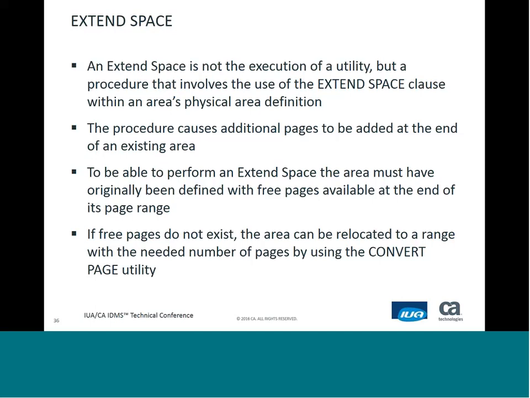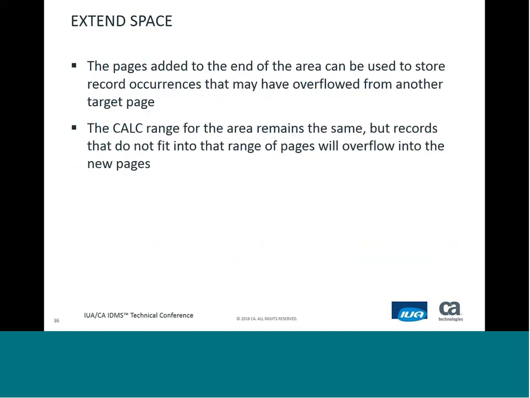So I could conceivably run convert page to take my target area and put it in another page range where I am going to have an additional 500 pages past the original allocation. Or I could take that other area that was blocking my extend space, do the convert page on that area and move it to a different page range, and then I can use the extra 500 pages that the other area had been using. So again, we'll talk about convert page a little bit later on within this section.